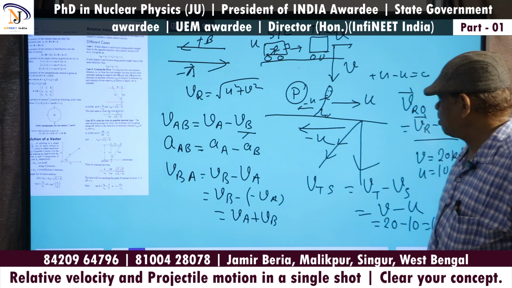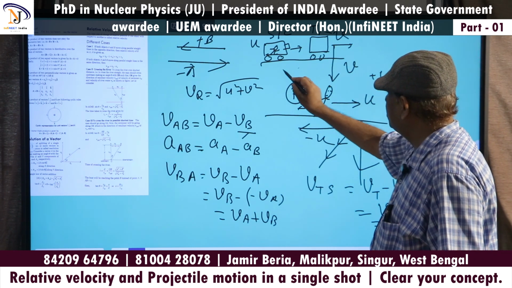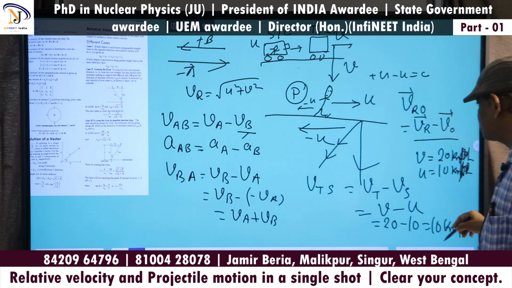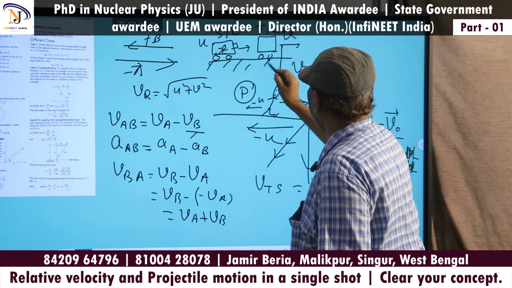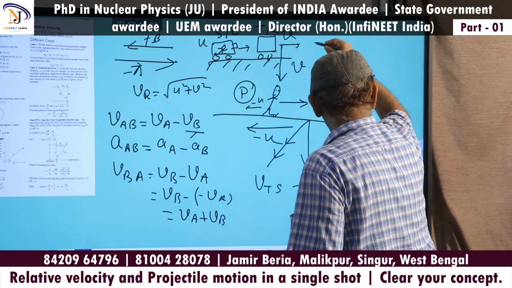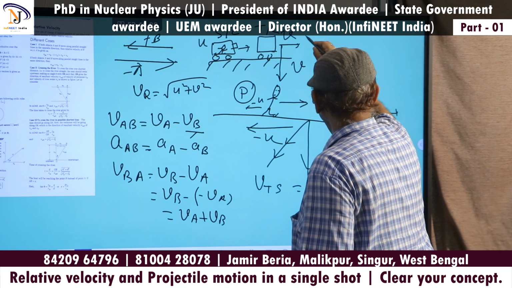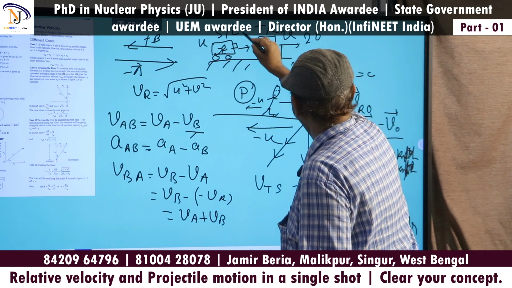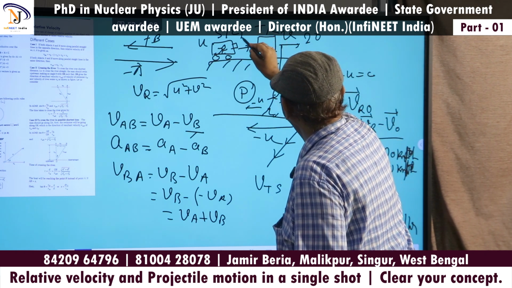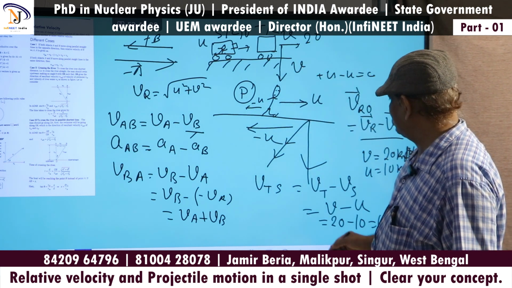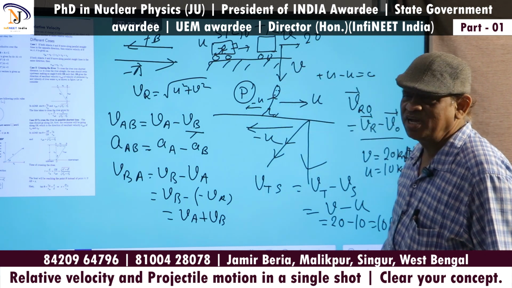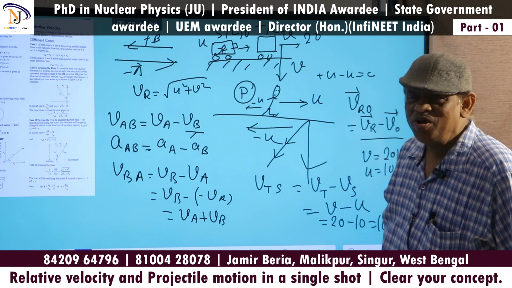What will Singur local observe? Both of them are moving in the same direction. Its velocity with respect to ground is 20. Its velocity is 10. Then what will Singur local observe?